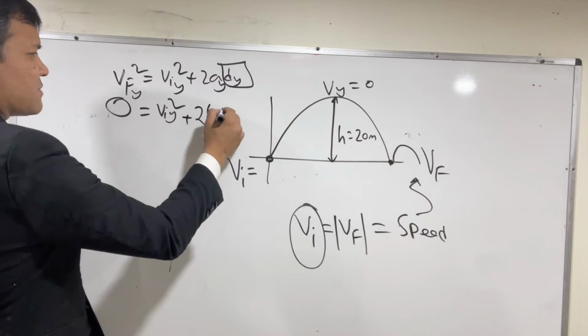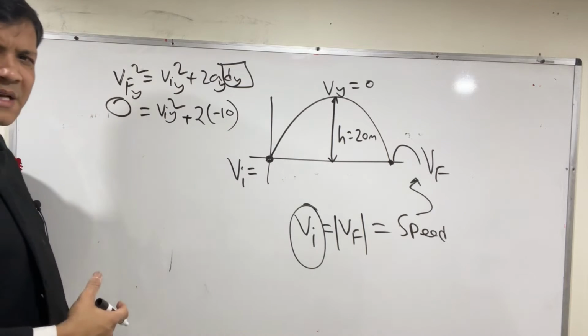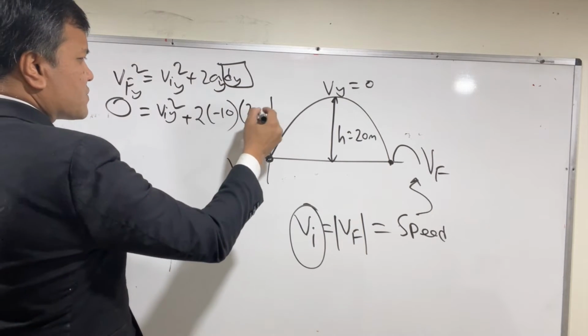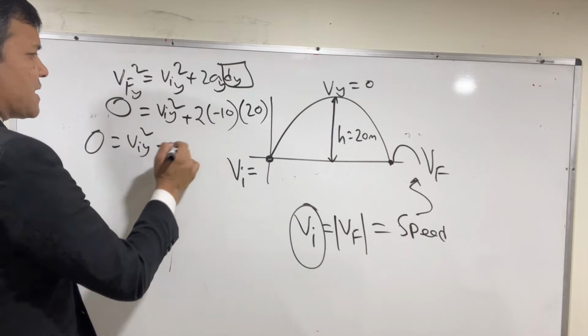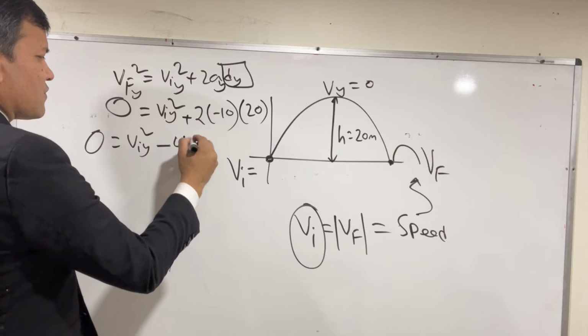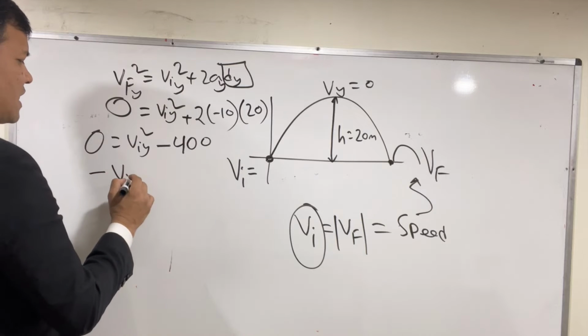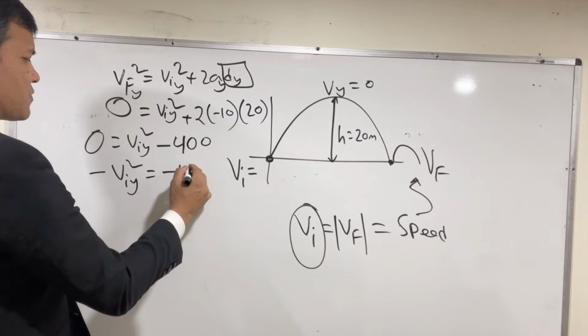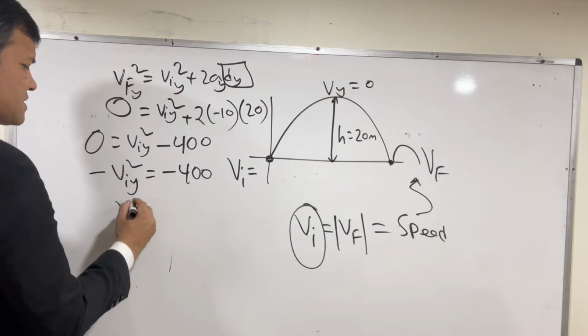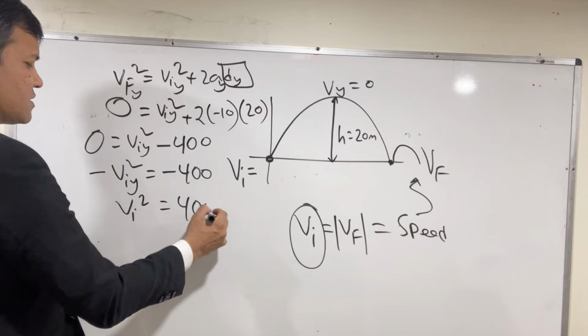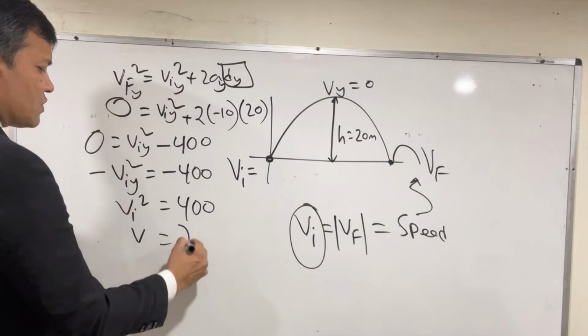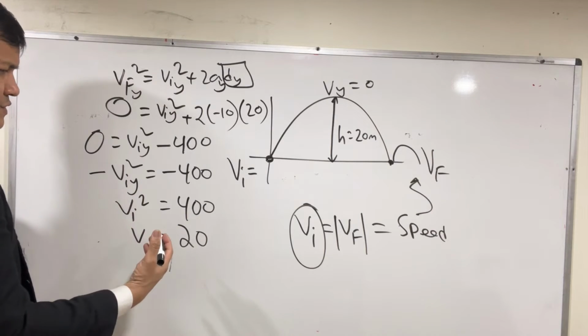Plus 2 times negative 10, the acceleration due to gravity is negative 10, and dy is 20. So 0 is equal to vi y squared minus 20 times 20, which is 400. So minus vi y squared is equal to minus 400. Minus minus cancel, so vi squared is equal to 400. So v is equal to the square root of 400, which is 20.